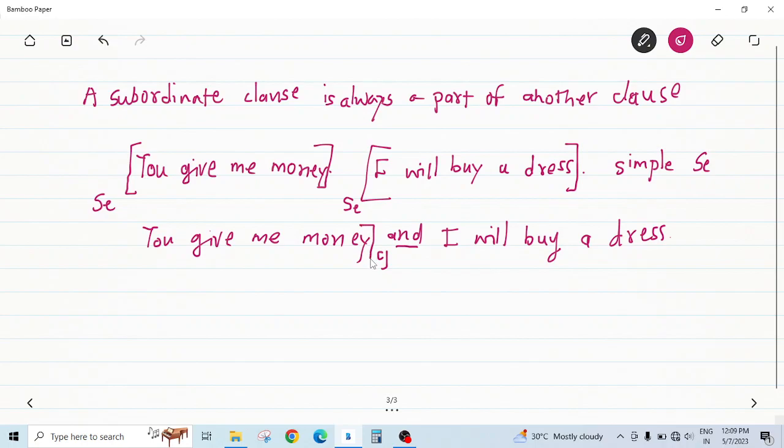And this is a sentence which you can call main clause, and this is also part of this total sentence, which is also MCL.